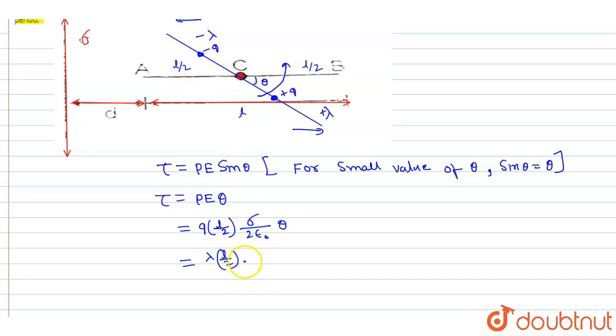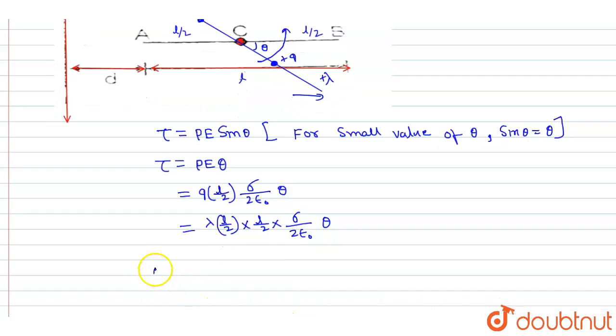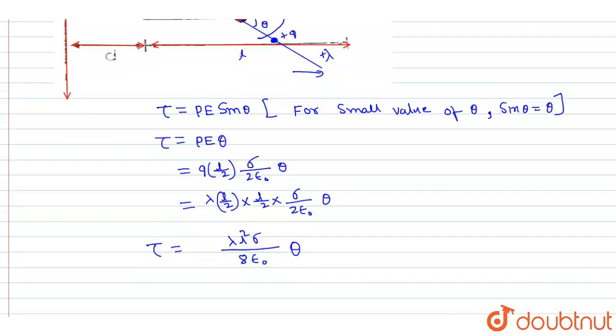So torque is lambda into L by 2, into L by 2, into sigma divided by 2 epsilon naught, into theta. From here torque is equal to lambda L square sigma divided by 8 epsilon naught, into theta.